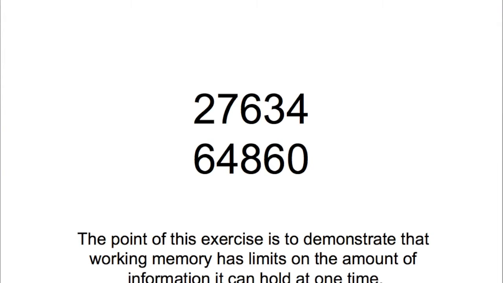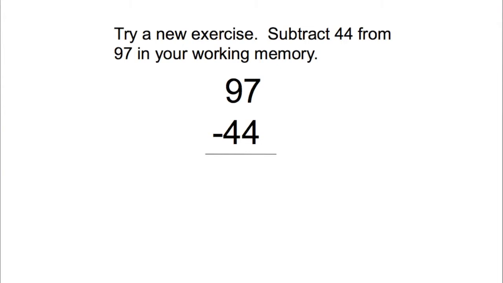Another way to think about the limits of working memory is just to do a simple mental math problem. So if I would represent this particular math problem in a traditional way, you would say, okay, I would like you to subtract 44 from 97. It would look like that.